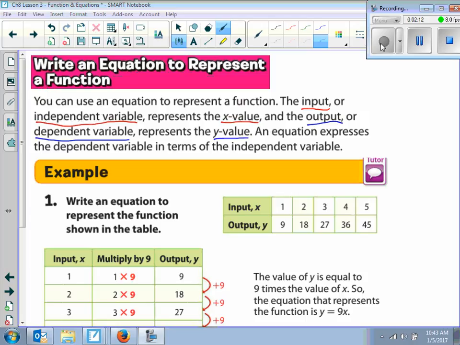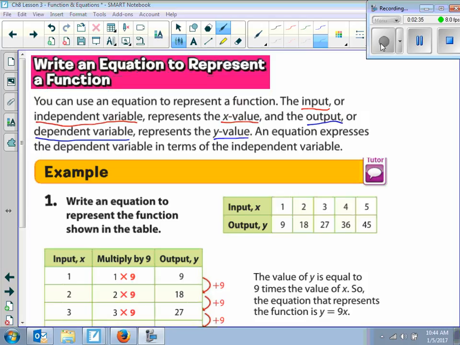Now the difference between what we did yesterday and what we did today is yesterday we were writing the function rule. And the function rule was just in terms of the input. It was an expression, okay? Now, when we're working with our functions today, we are going to write them as equations.